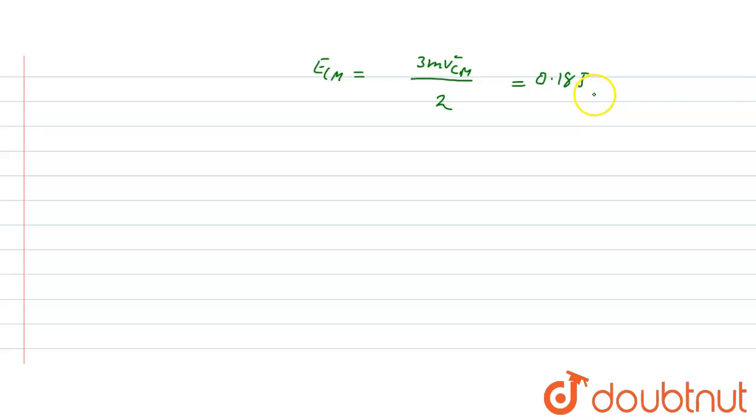So the maximum compression in the spring can be found using either the center of mass approach or the energy approach. Here we are using the second method. The oscillation energy is equal to the maximum elastic potential energy.